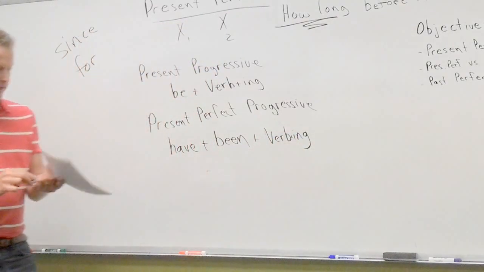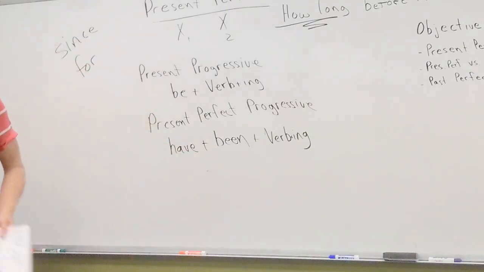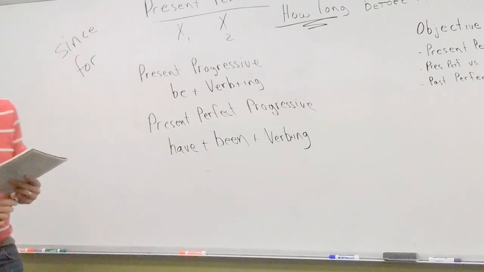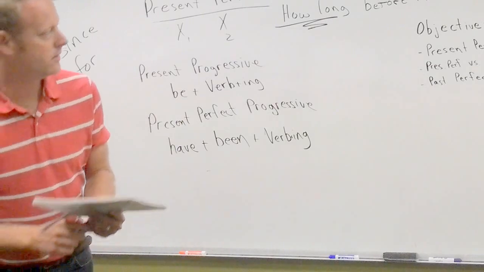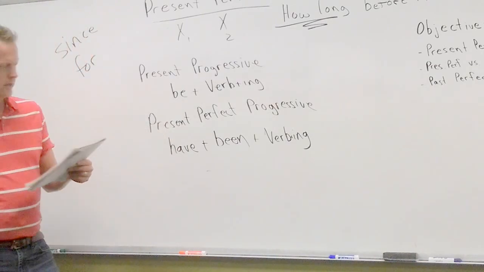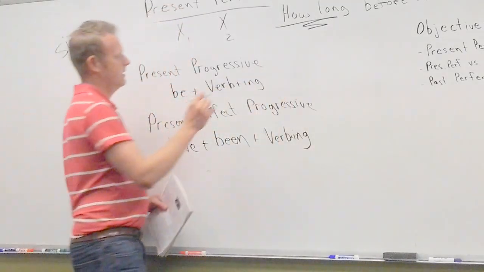So, my friends, the difference is also the difference in meaning. Different meanings. Look at D. Helen, read D. Who is sitting in class right now? In what tense is that? Present progressive.